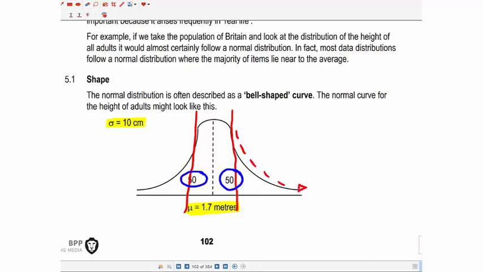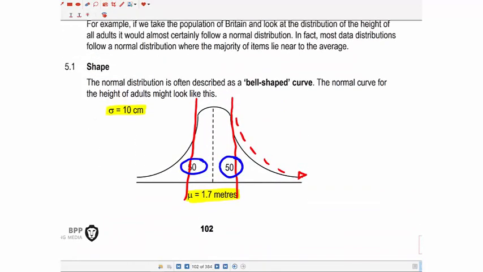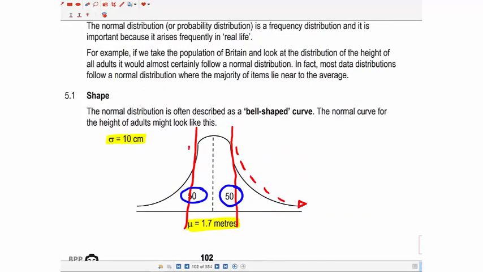So yes, there will be adults in the UK who are maybe greater than 2 metres, but the occurrences of those adults will be much lower than those who are close to 1.7 metres. We can also see that when we look at the other side of the curve. So again, the occurrences of adults that are shorter than 1.7 metres starts to fall as we move away from the mean.